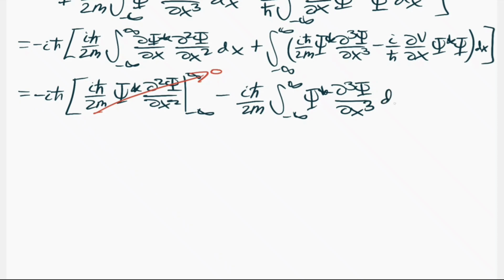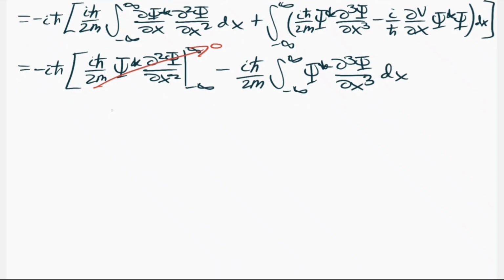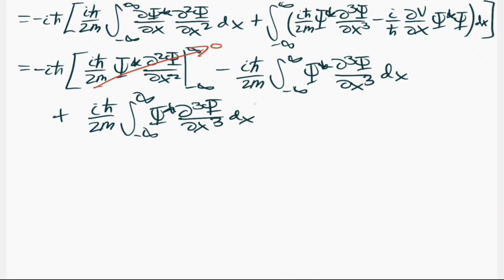dx, and then we're going to have actually a plus from this plus right here. We're going to have plus i h bar over 2m, integral from negative infinity to infinity of psi star d cubed psi/dx cubed dx.